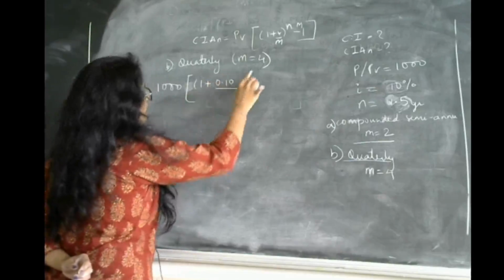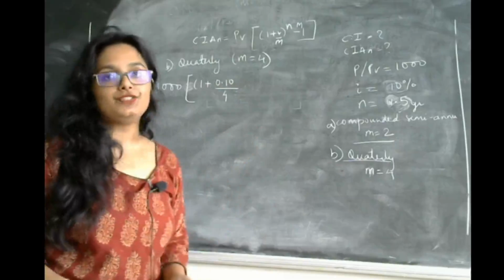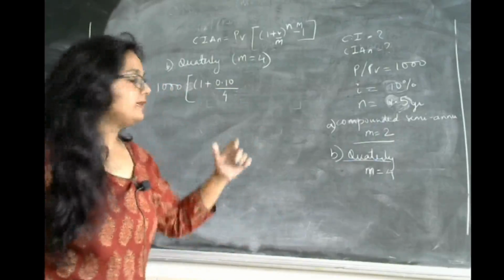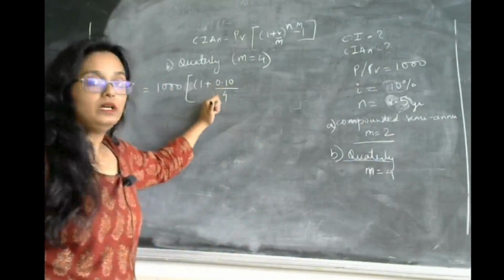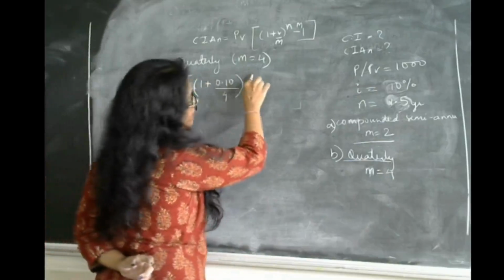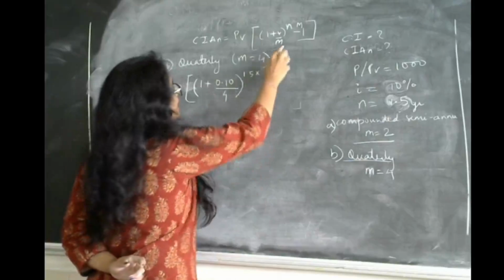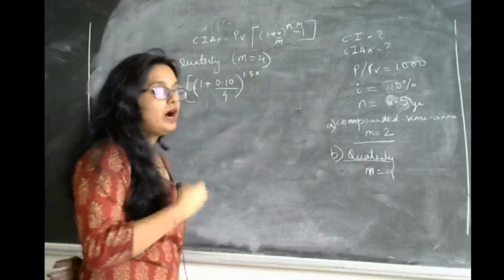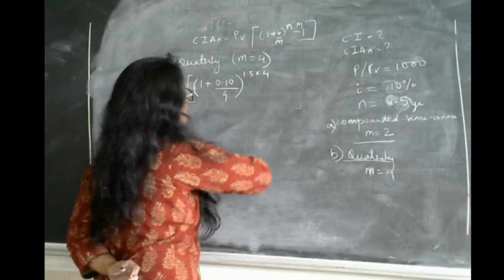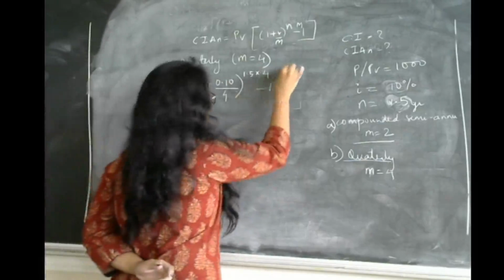Now this will be divided by 4 because the number of times you are going to get the interest is quarterly, and there are 4 quarters in a year. The whole raised to number of years, 1.5 year, multiplied by m. M is the number of times you are going to get the interest in a year, which is 4 since it is compounded quarterly, minus 1.